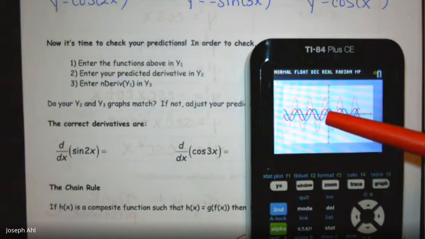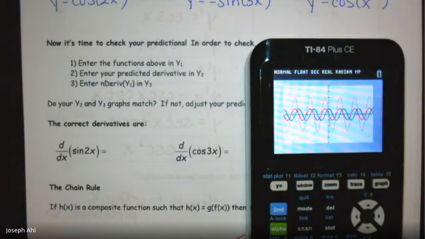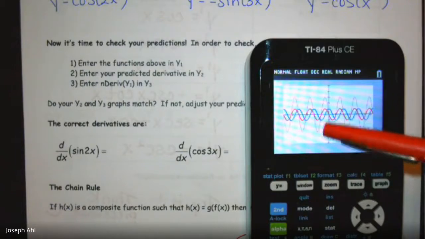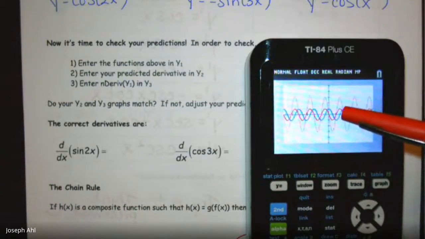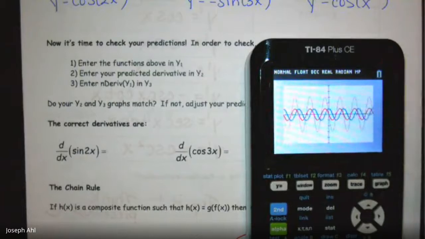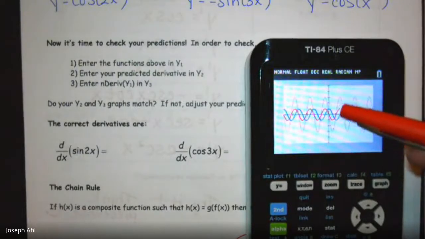If you're looking at my graph right now, what's in red was our guess, negative sine 3x. It looks like the magenta graph is an example of a negative sine function, but the major difference that we saw in the last two examples is the amplitude.